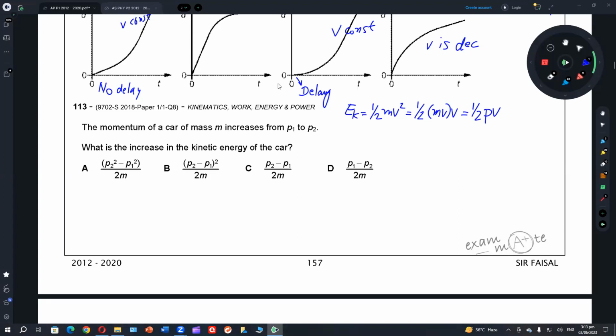Now I have two options here. Either I go for this or, what's the formula for momentum? Momentum is equal to mass into velocity. So there should not be any square in it, like half PV.